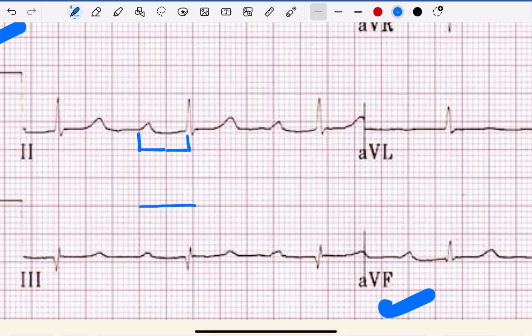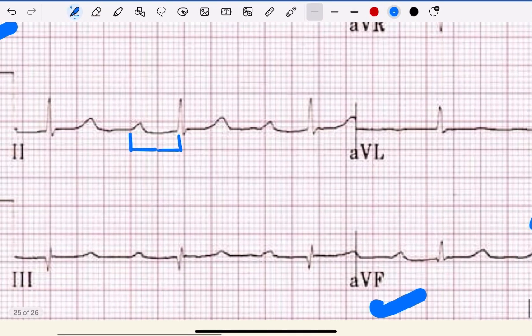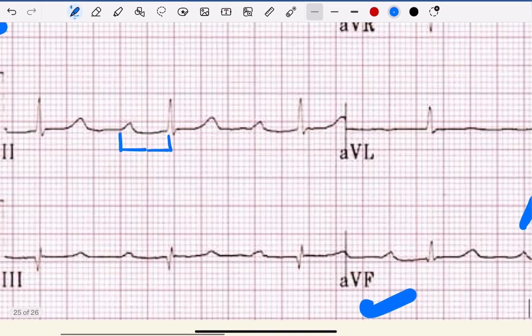Sorry, one big box means 200 milliseconds. So 9 small boxes into 40 means 360. It's coming to around 360 milliseconds. So what is the normal PR interval?